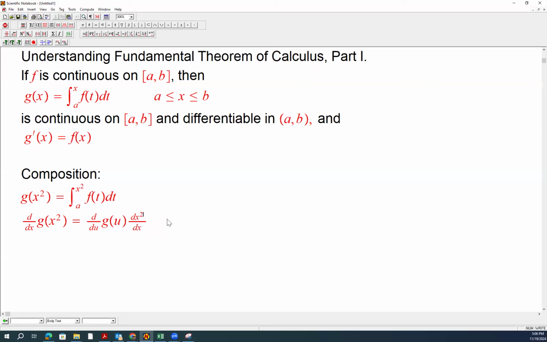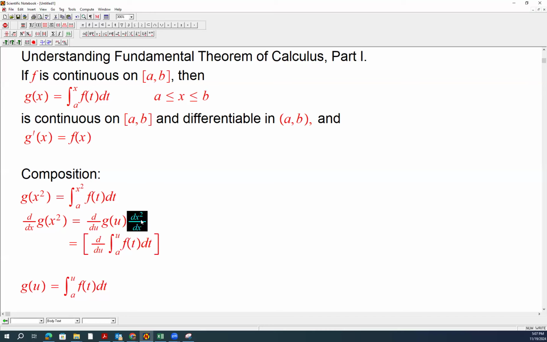So what is g of u? The derivative of g with respect to u, that's one part.